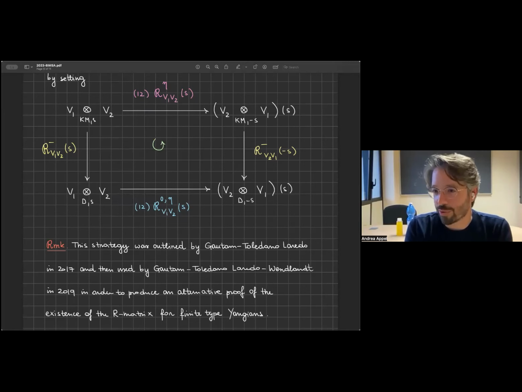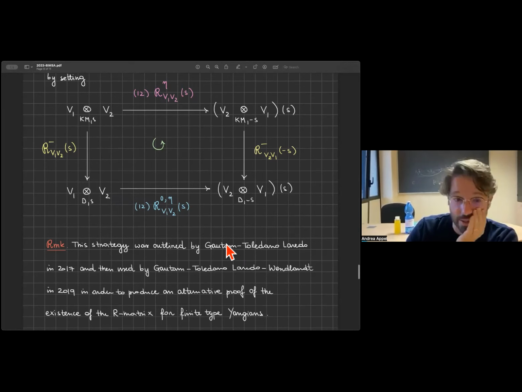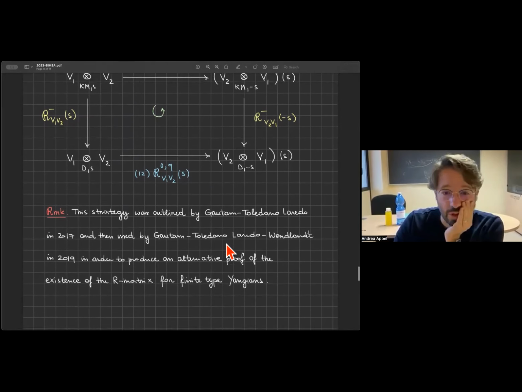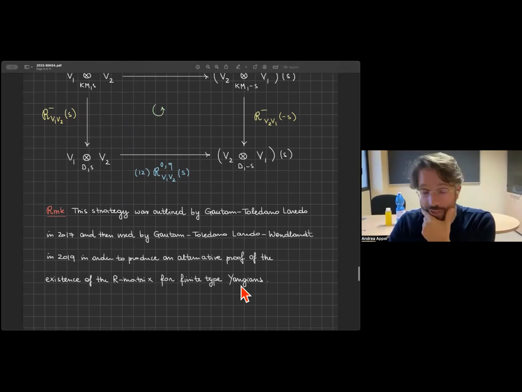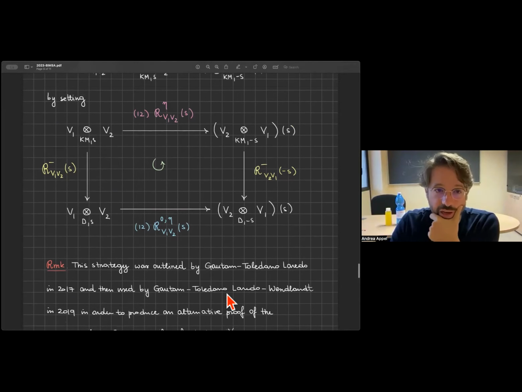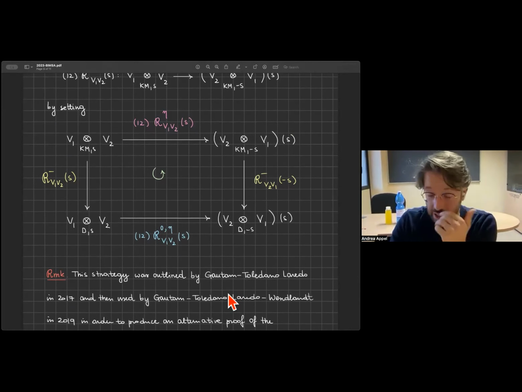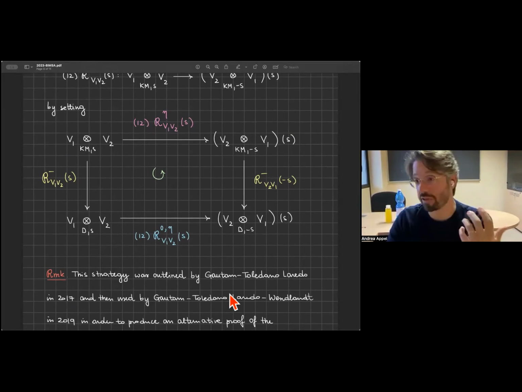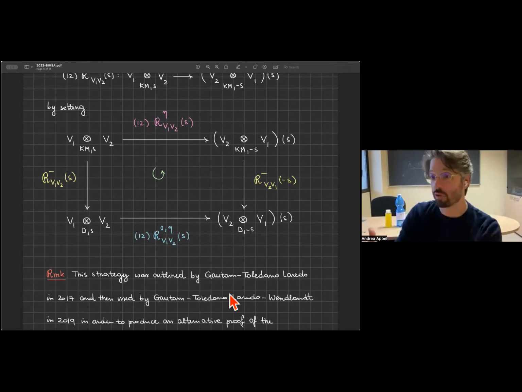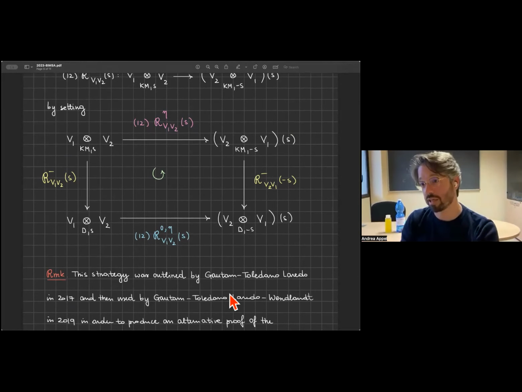Nothing generalized to the affine case, and everything must be reworked from scratch in order to be adapted to this new setting. So in these last 5 minutes, let me try to give you a rough idea of how the affine setting is very different from finite type, even though we are recycling the same strategy used in finite type.